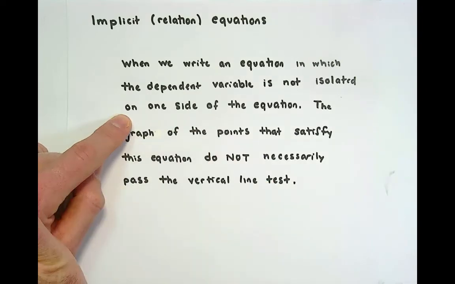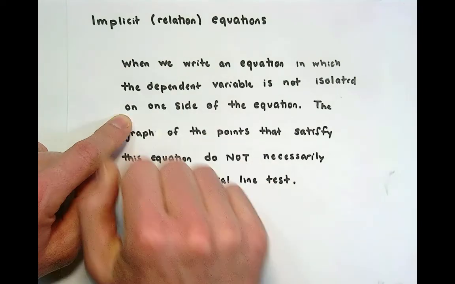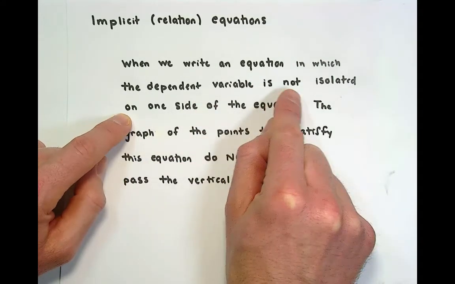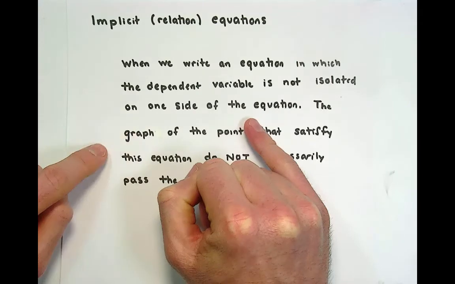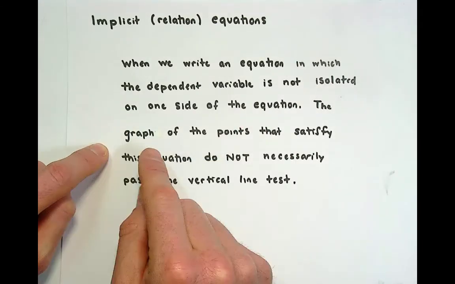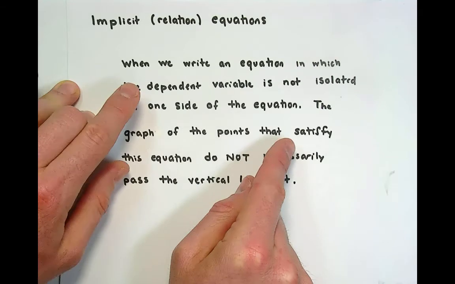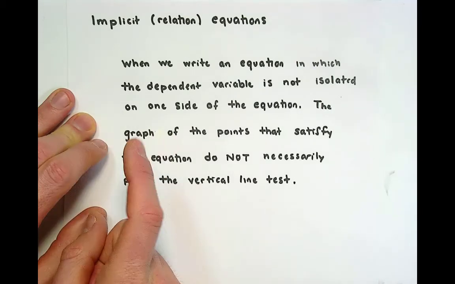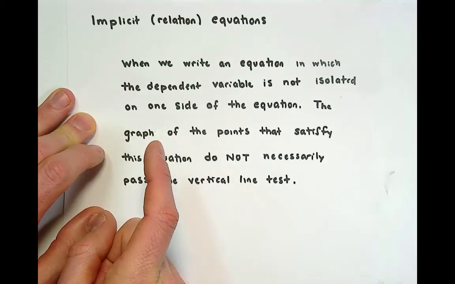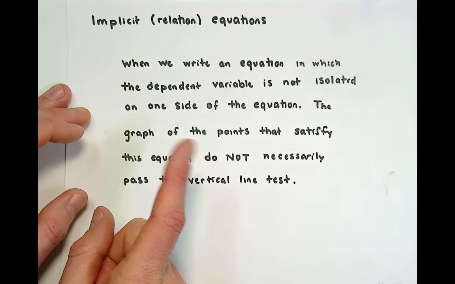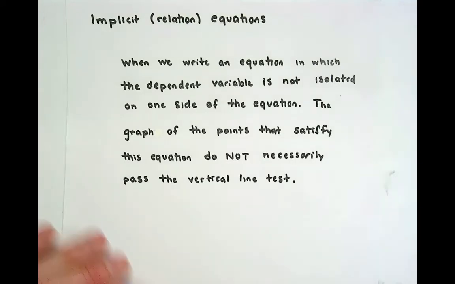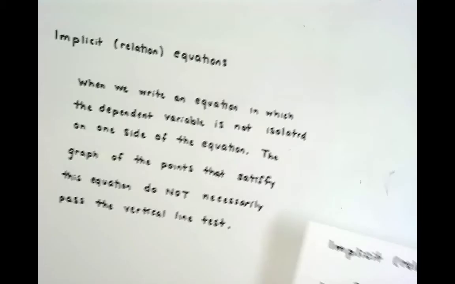In particular, implicit relation equations are equations in which the dependent variable is not isolated on one side of the equation. The graph of the points that satisfy such an equation do not necessarily pass the vertical line test. This is a less stringent form because we don't have to have the output in terms of the input. We can just have a single equation where they're written together but not isolated.